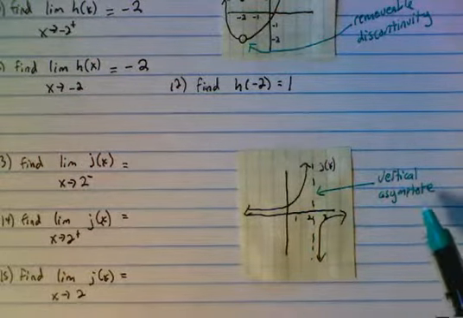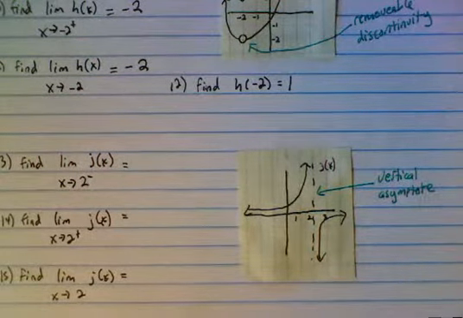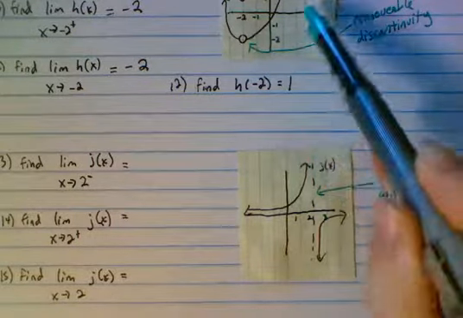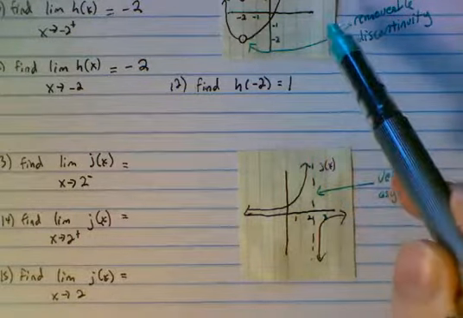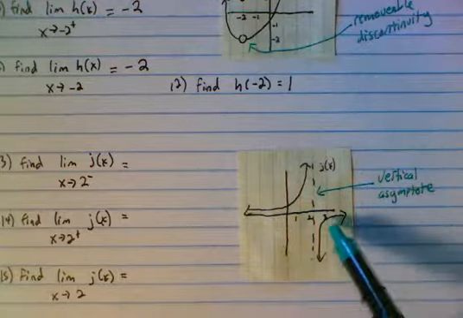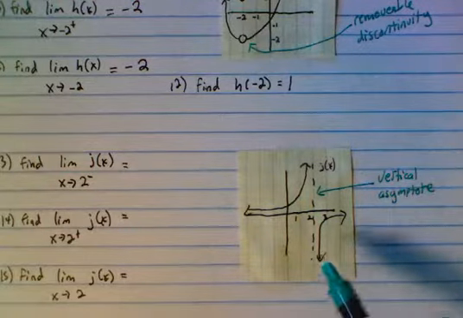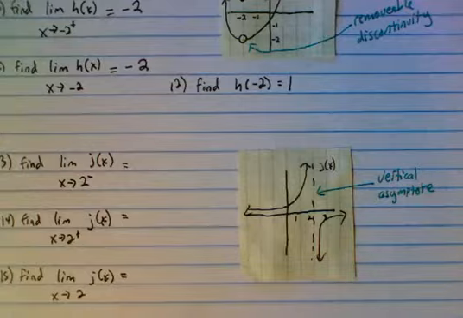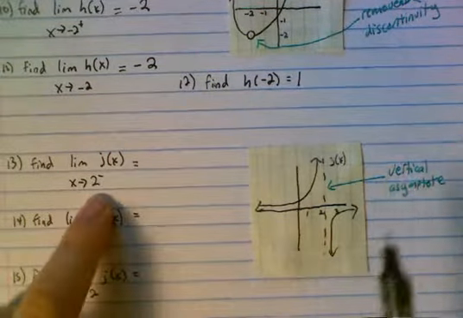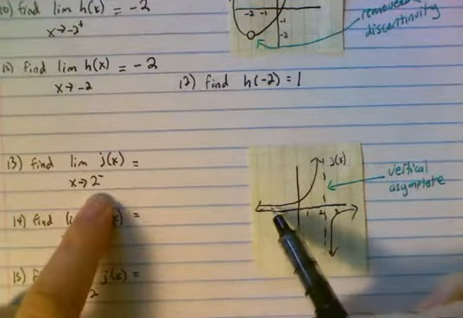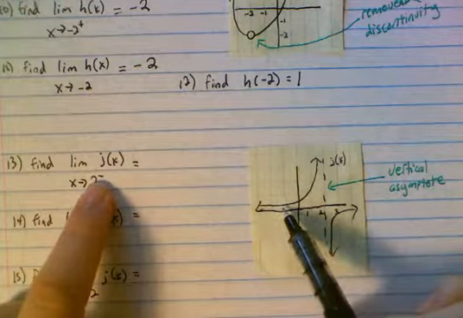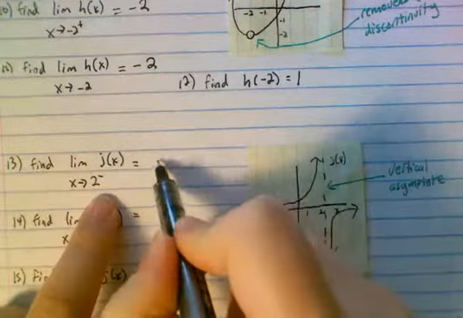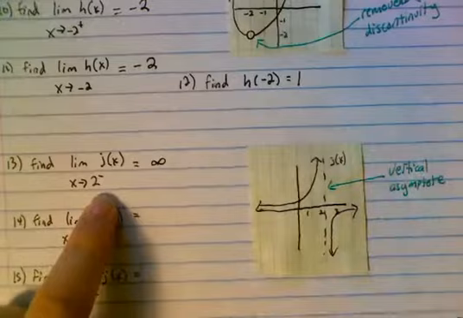So when we're looking at a vertical asymptote, when we're looking at the limits, our only options are that either the curve is going to go up forever, and we would call that limit positive infinity, or the curve is going to go down forever, and we would call that limit negative infinity. So in this case, we say we're going to be approaching 2 from the left. So as we come in from the left, we're forced up, up, up, up, up forever. So that's positive infinity for the limit.